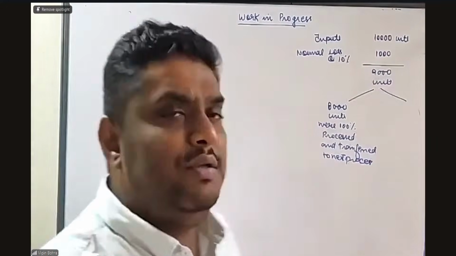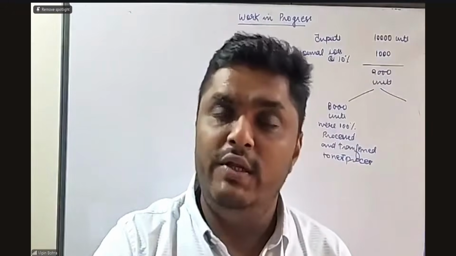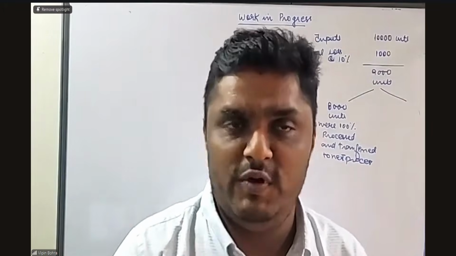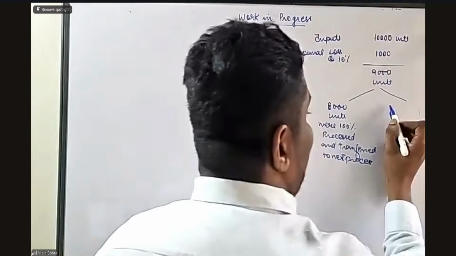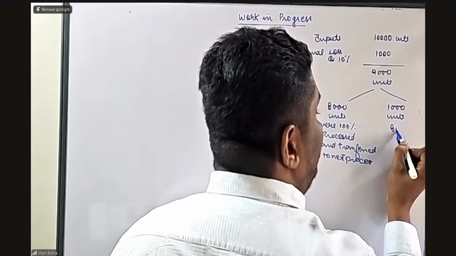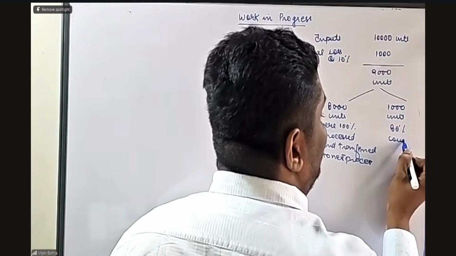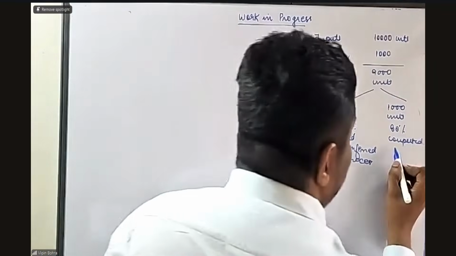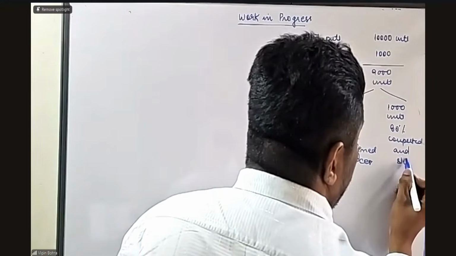So of this 9,000 units, 8,000 units were 100% processed and transferred to the next process. But when talking about the remaining 1,000 units, they are 80% completed only and still in process.